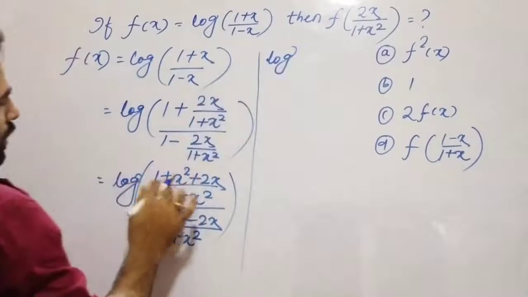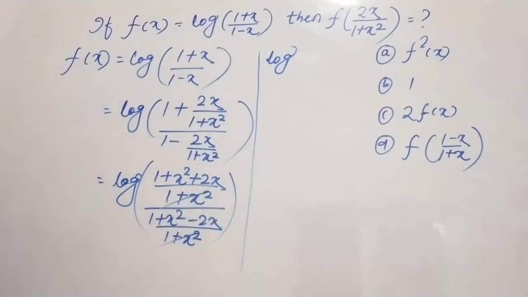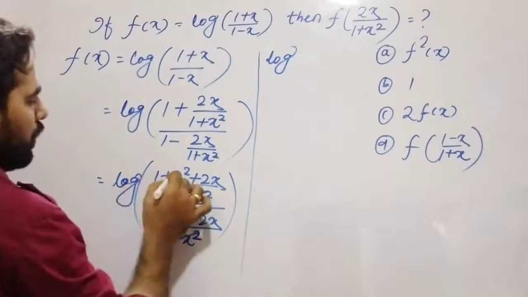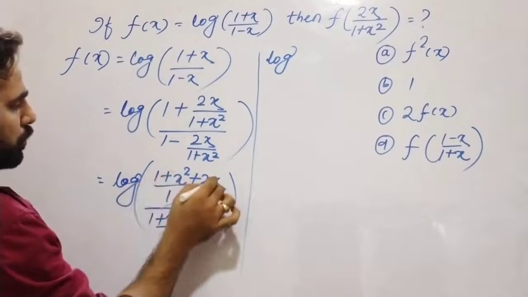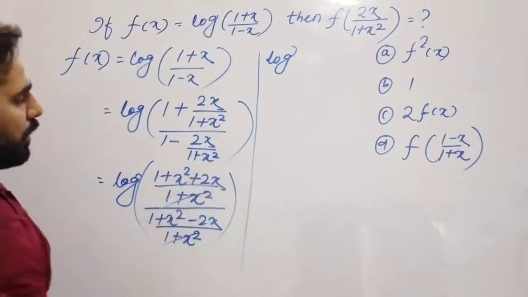Then, by eliminating 1 plus x square in numerator and denominator, we have log of a square plus b square plus 2ab, that is, x square plus 1 square plus 2 into x into 1.